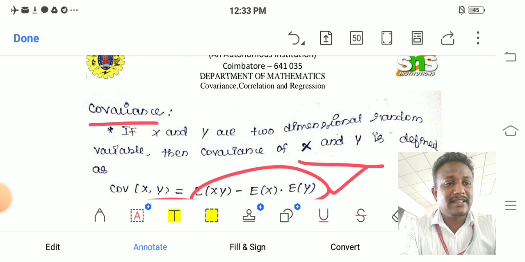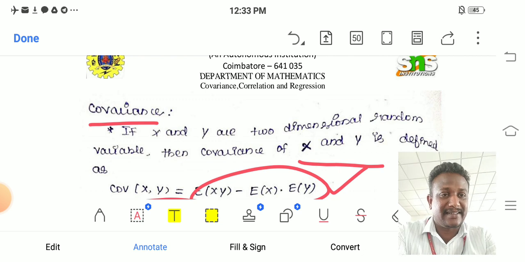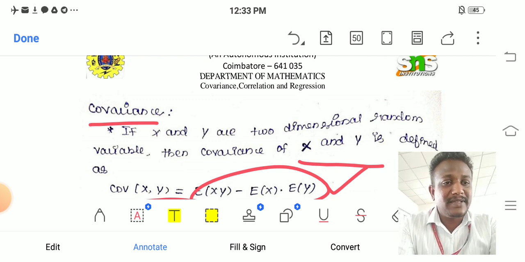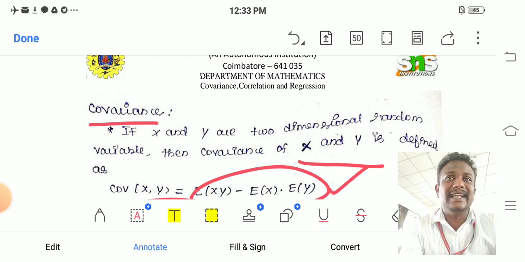Collecting one random variable from the sample space is called x. Then from the same sample space, I am going to collect another random variable, which is called y. Y means just collect at least two tails in the sample space.